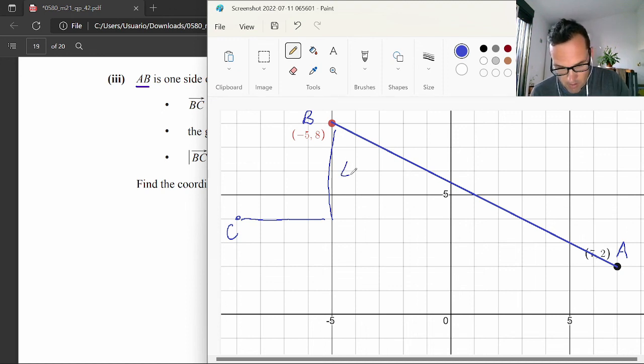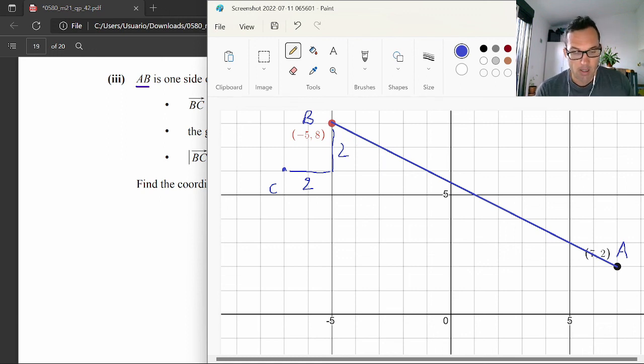So in this example, it will be 4 over 4. It could also be something else. It could be over there, which means it's 1 over 1, or it could be over here, which means it's 2 over 2. That's what a gradient of 1 means: the rise and the run are the same.